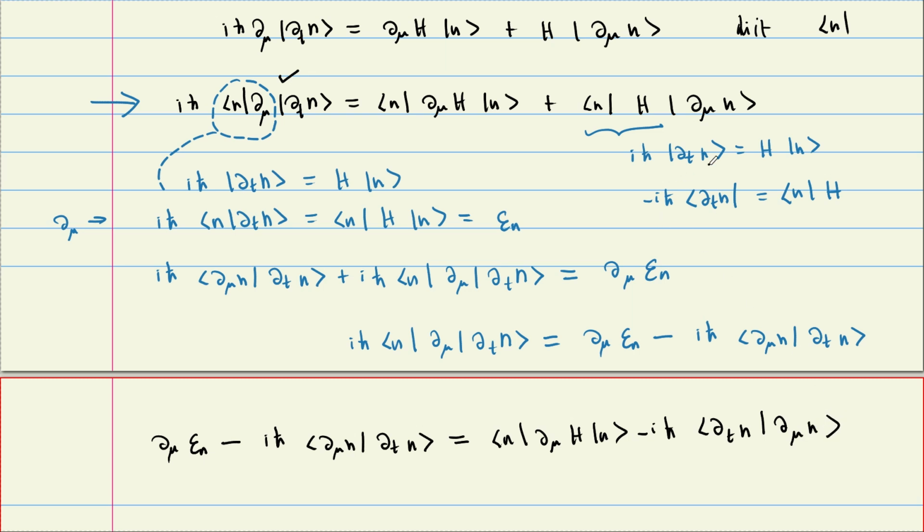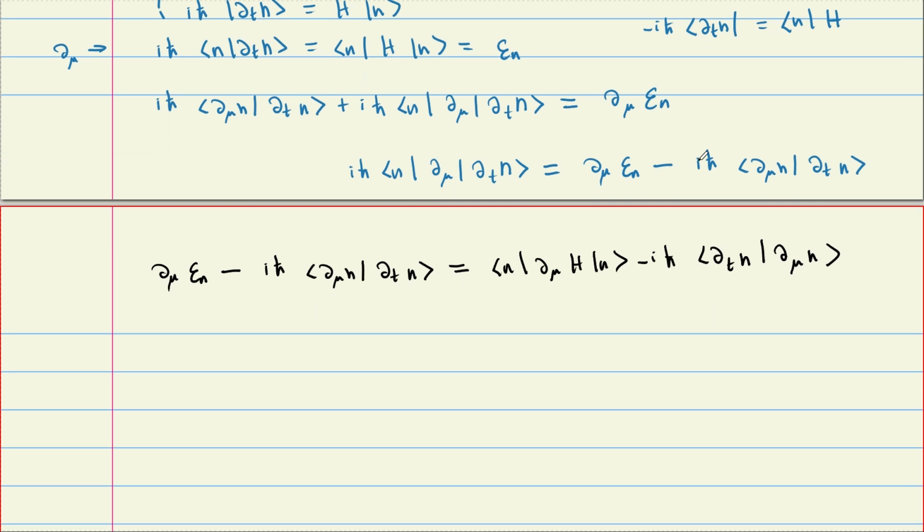So I take this and this one. And the object I'm interested in is here. This is the generalized velocity. So v of mu is equal to this object. This is the definition, and this one is equal to del mu epsilon of n, so this thing is taken care of.